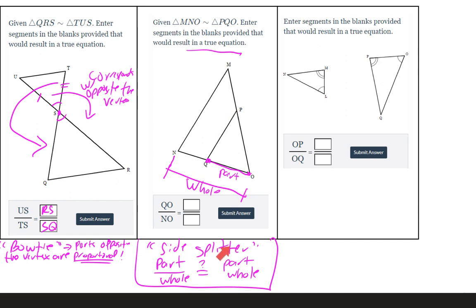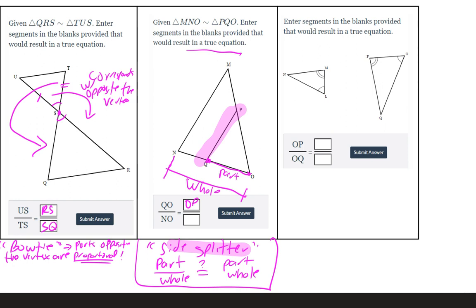This is called the side splitter part of it. Okay, so the sides that it splits, right? So if this is the part on QO, what do you think would go over here for this one? Well, if this is the first part, then that would be OP, right? I think that makes perfect sense.